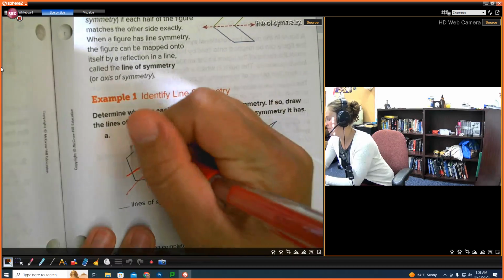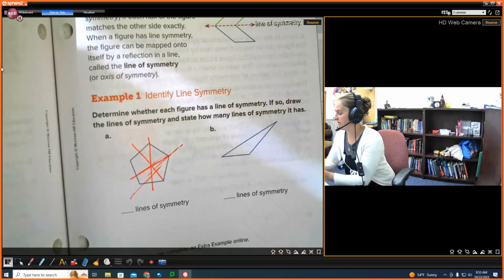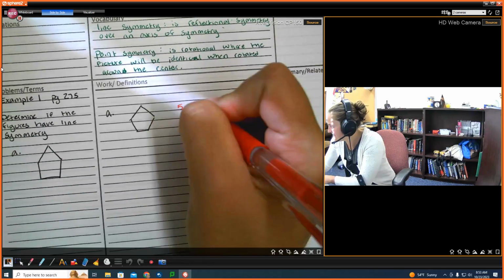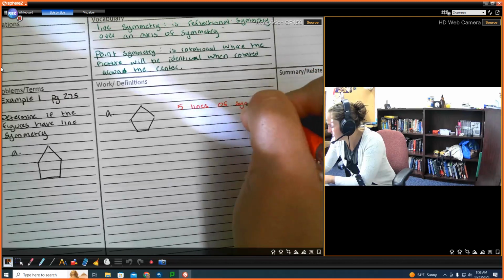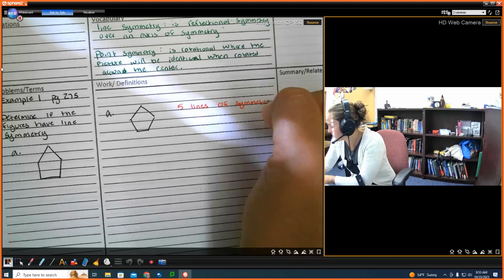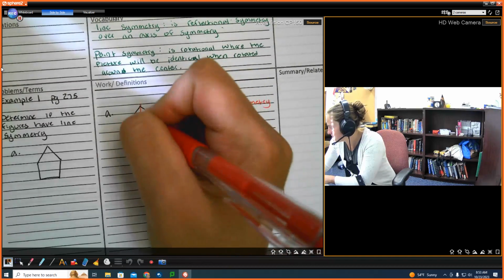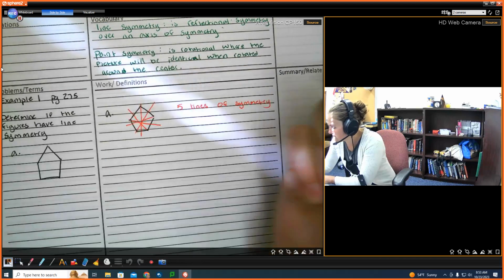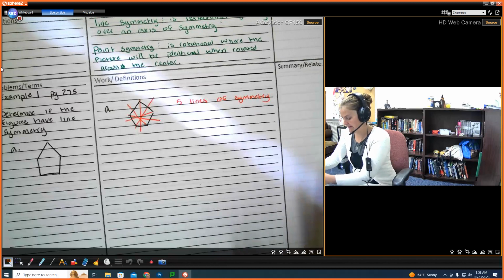You could do the same one at every vertex, right? So 5. 5 lines of symmetry.